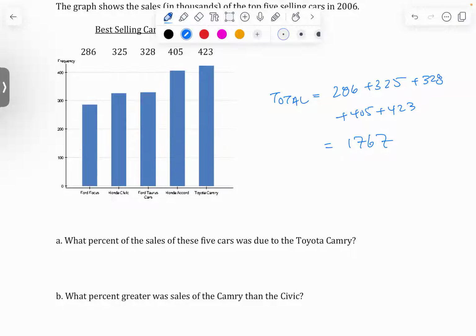And then in order to find the percent of sales of the Camry, we have the 423 divided by 1767.